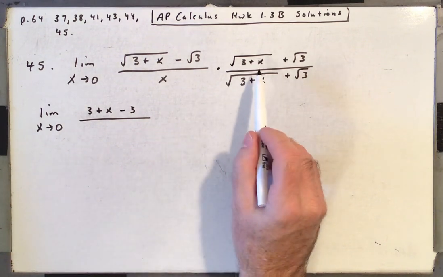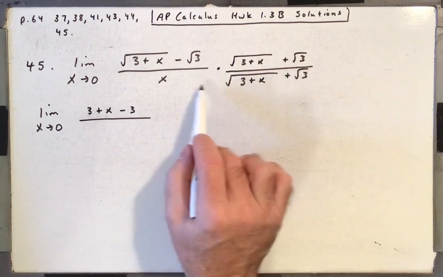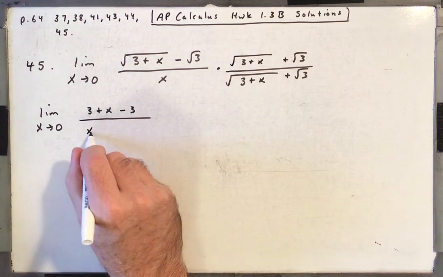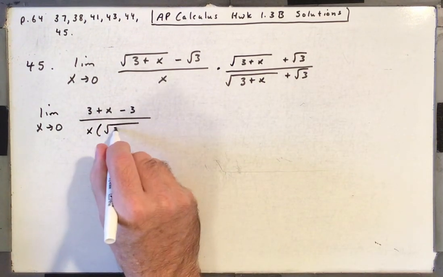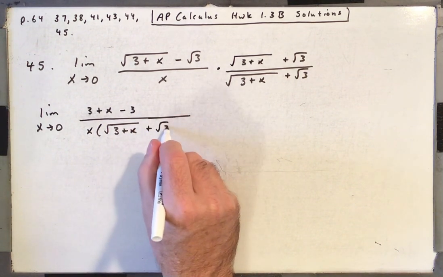So in the previous question, 44, I wrote all that out. This time, since it's so similar, I'm not going to write it all out. Then we have x times root 3 plus x plus root 3.